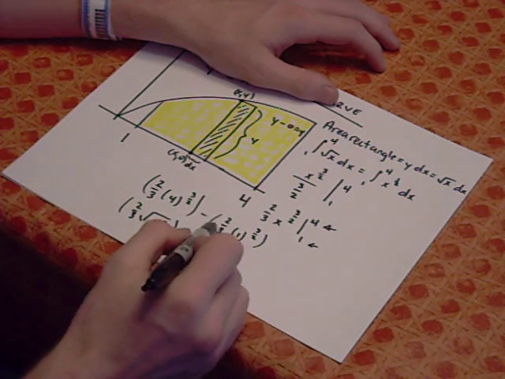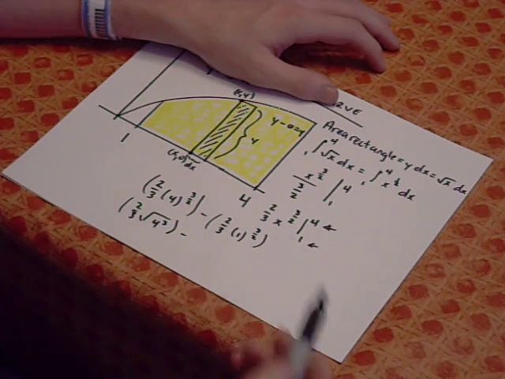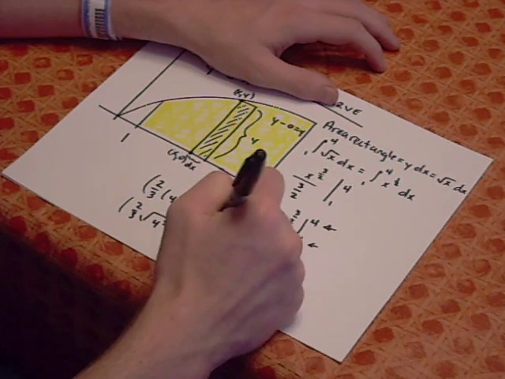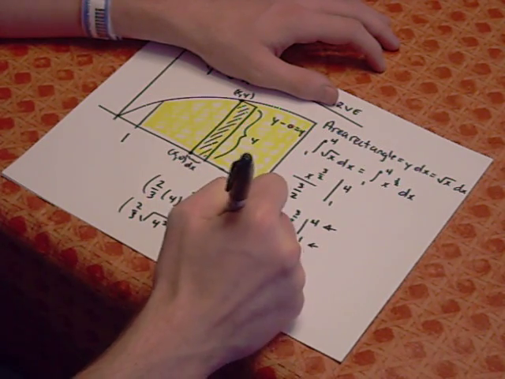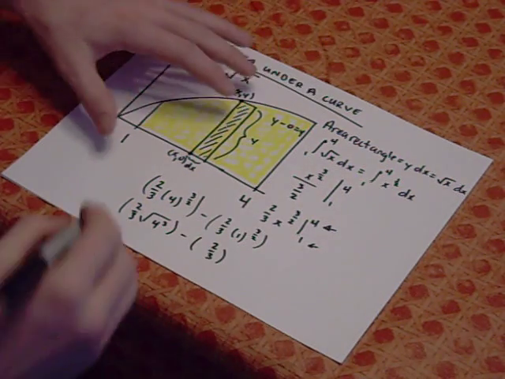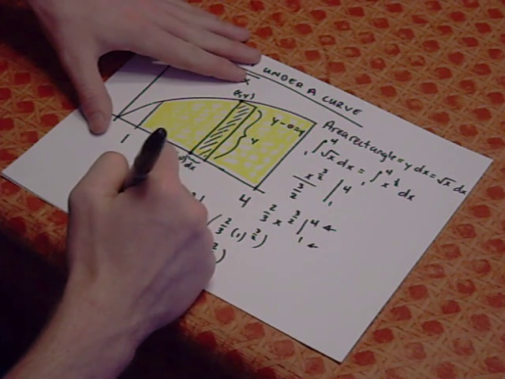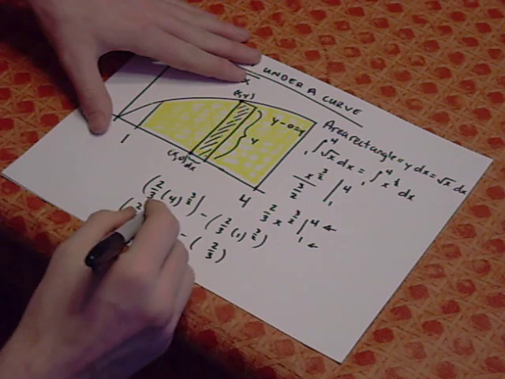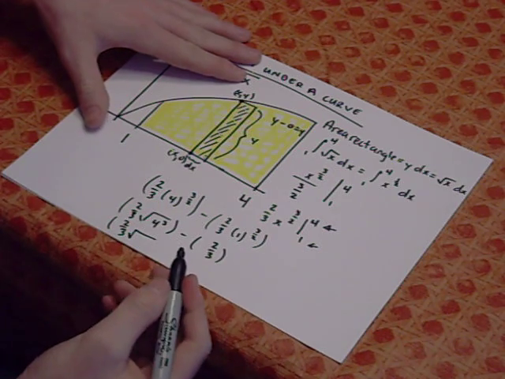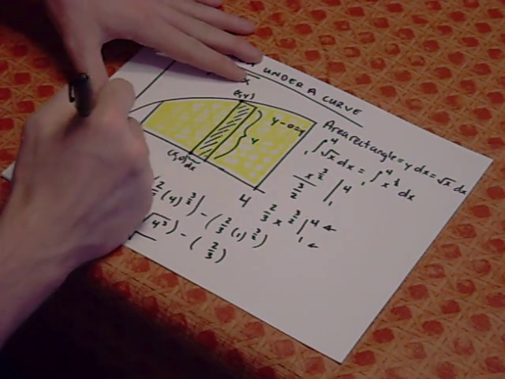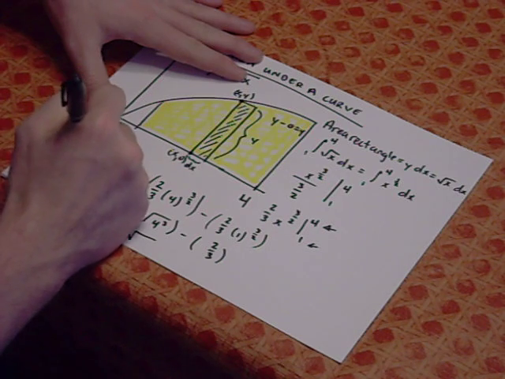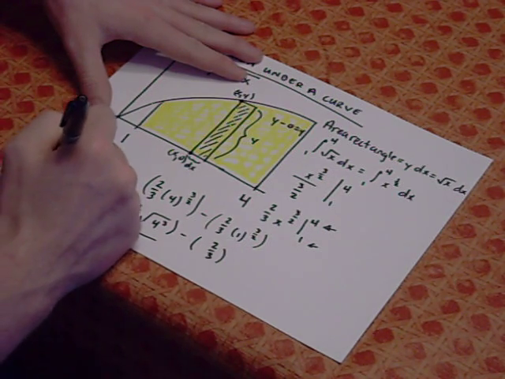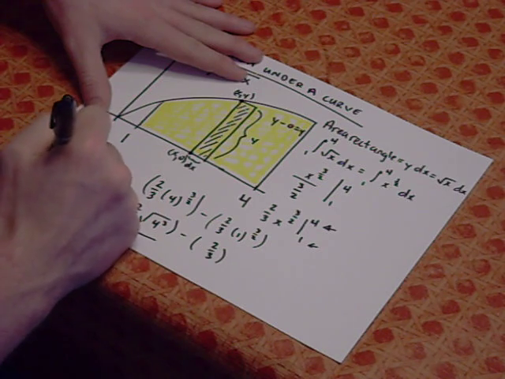And here, 1 to the 3 halves power is just 1, times 2/3 is 2/3. But here, this 2/3 square root of 4 cubed, 4 cubed is 64, because 4 times 4 is 16, times 4 is 64.